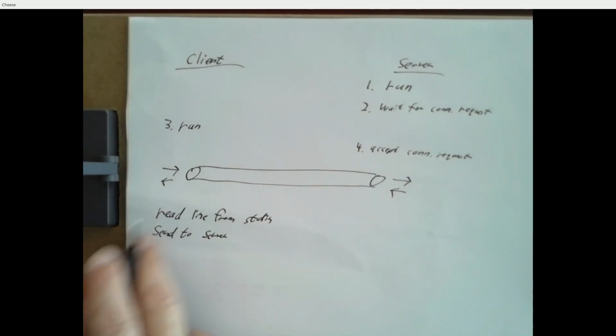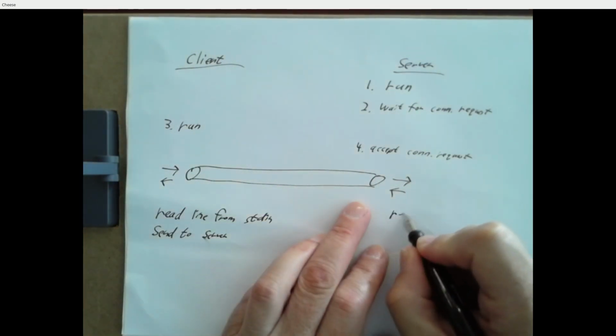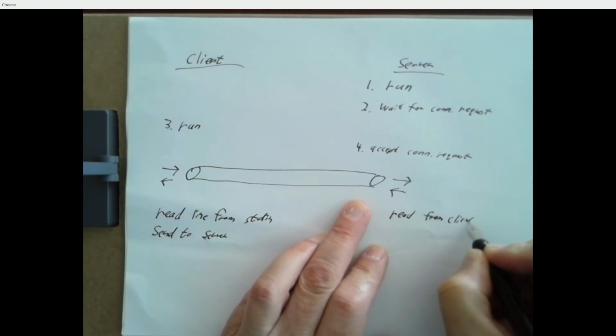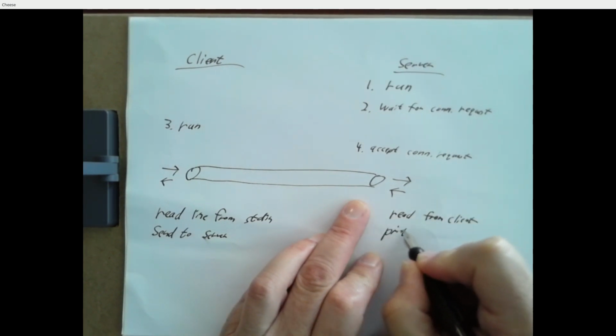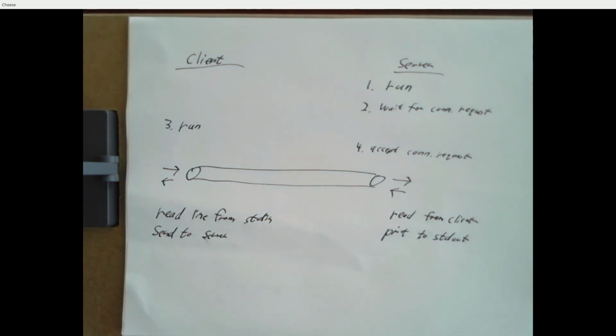If we do this in a loop, we can keep typing, hitting enter, and it keeps going over to the server. And the server might read from client, print to standard out, and loop. Now the client can type, hit enter, and the server keeps showing what the client typed.